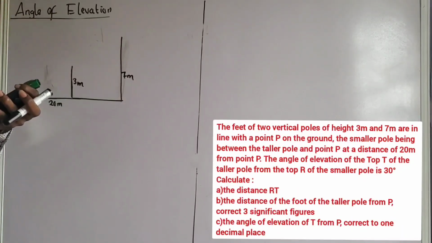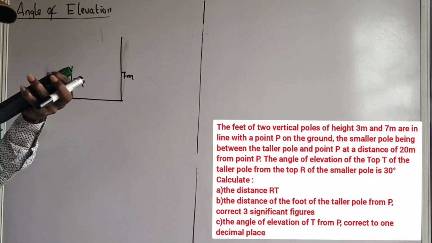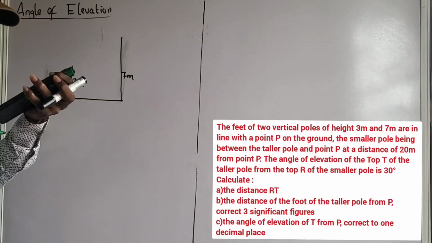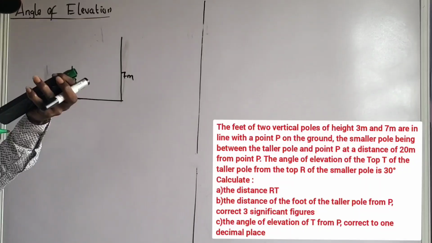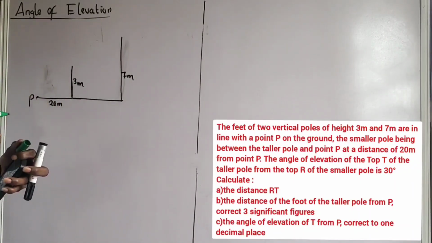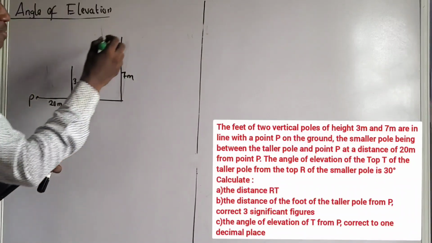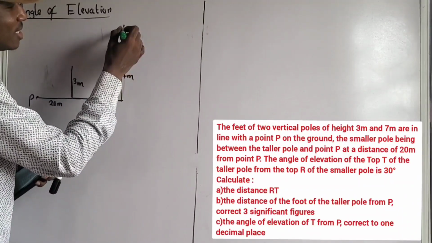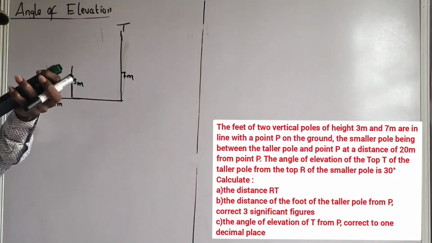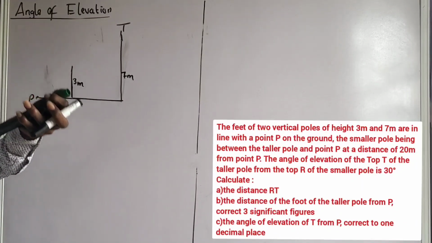The angle of elevation of the top T of the taller pole from the top R of the smaller pole. Listen to that statement; you have to understand it. This is the top T of the taller pole, and this is the top R of the smaller pole.